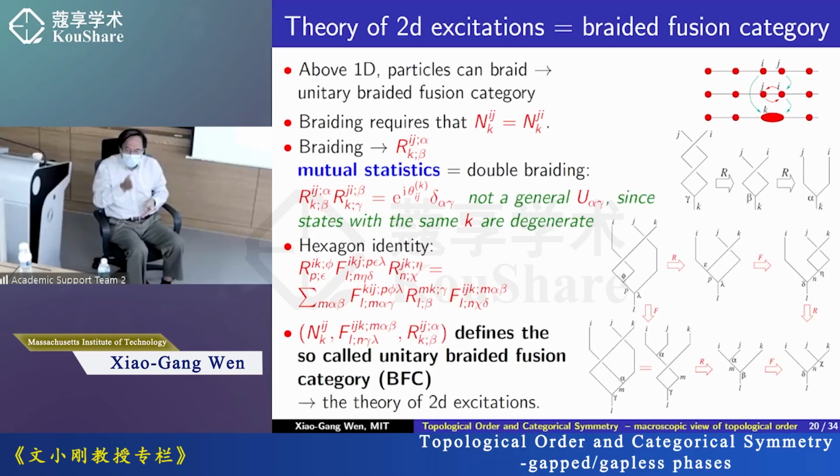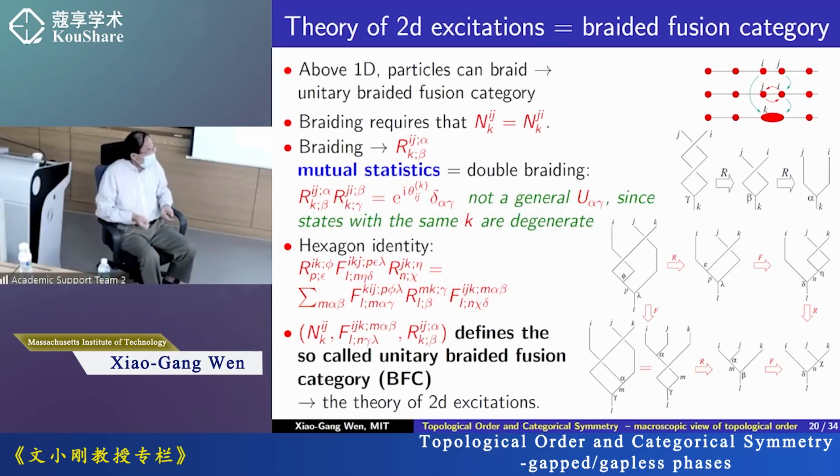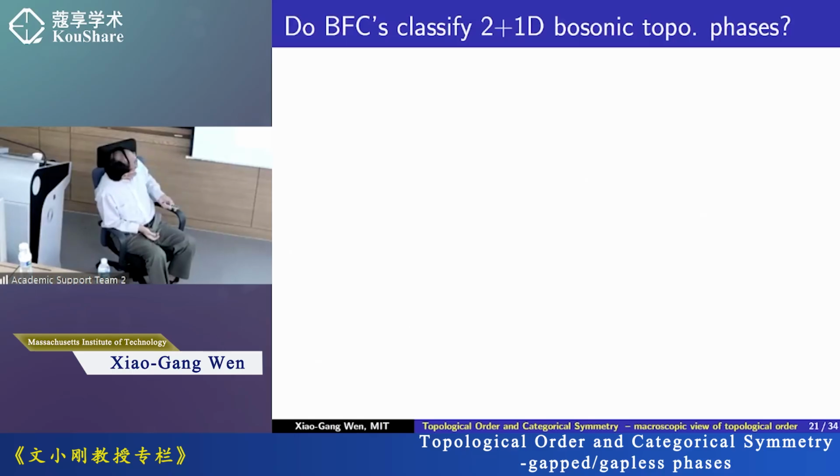So if you have a codimension one defect, then they are bound to be anomalous. So we remove string from the beginning. And once you have string, it's anomalous. It's not realizable. But without string, this kind of braid fusion category may be realizable. So that's a question, whether they are realizable or not.